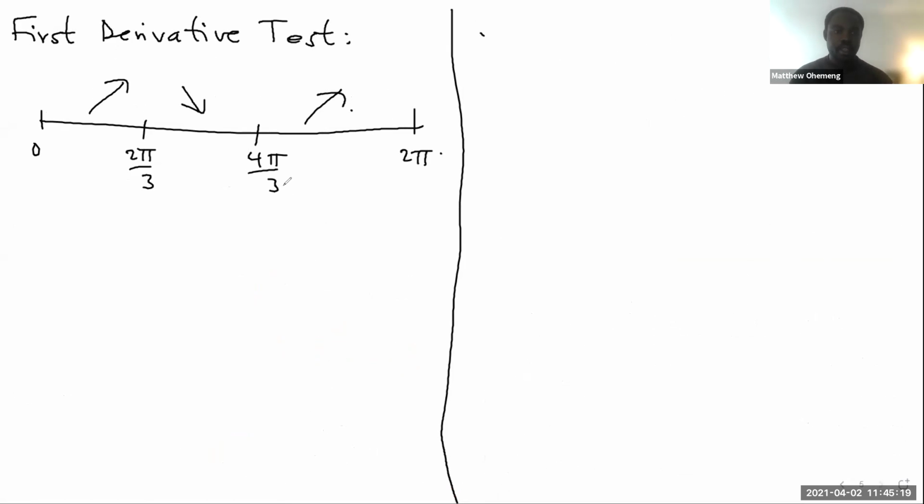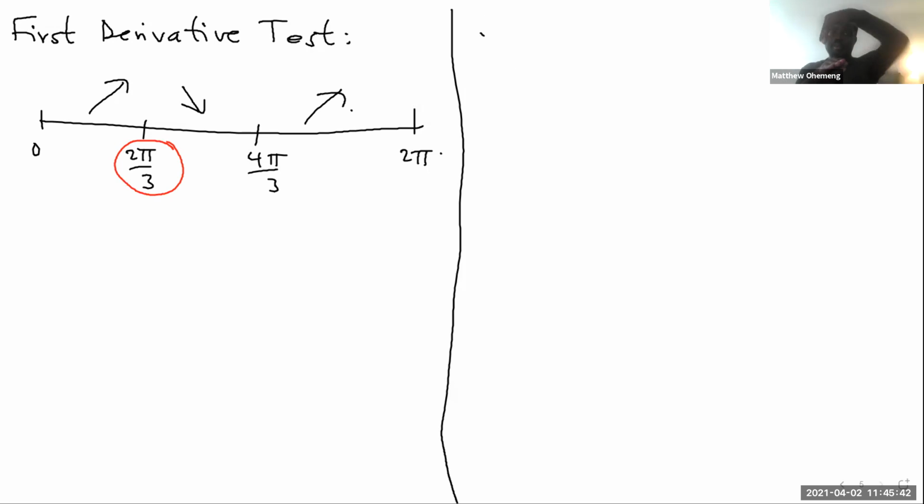At the point 2 pi on 3, the function is increasing, and then as we cross over 2 pi on 3, it decreases. So the function is behaving like this at 2 pi on 3. What does that tell us? Is there a local minimum or a maximum there? Anybody? What do you think?